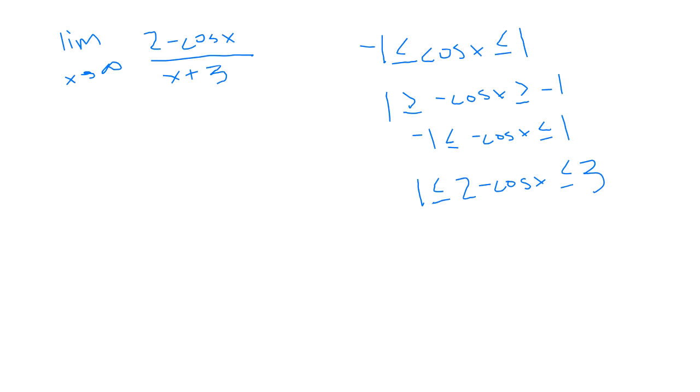So what we can actually do is divide all of these by x plus 3. So now we actually have our initial function that we're going to find the limit of right down in here.